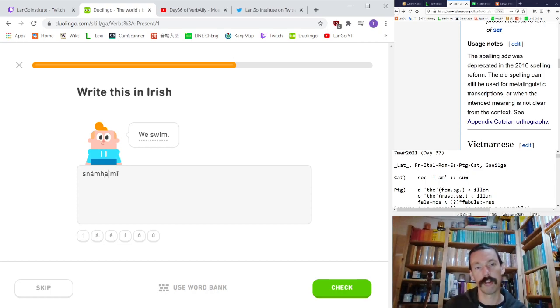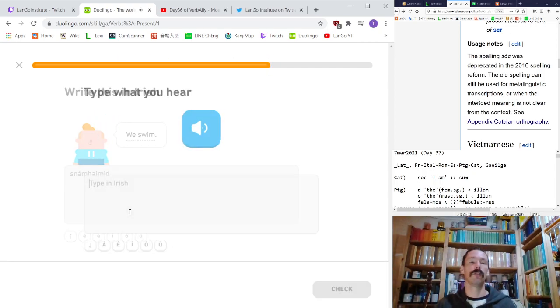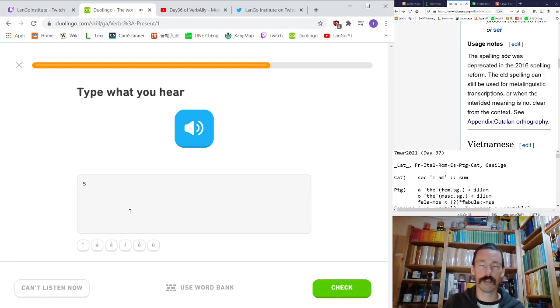That's got to have, because the vowels on either side of the consonant need to match in their quality. That's my guess. Snámhaimid agus ithimid. Snámhaimid, we swim. Snámhaimid in the spelling. Agus ithimid, we eat.